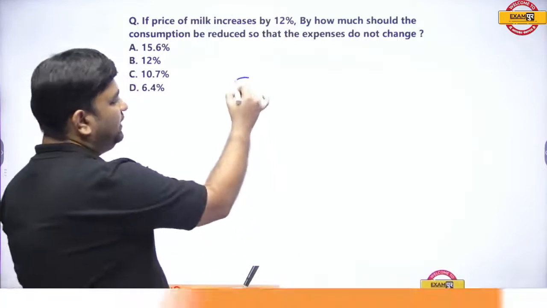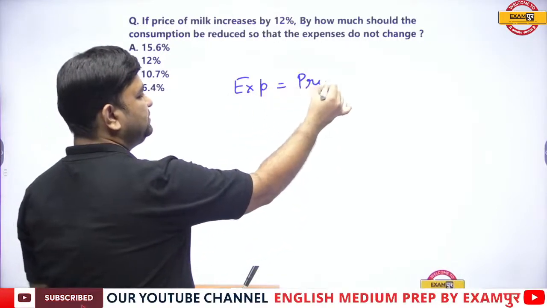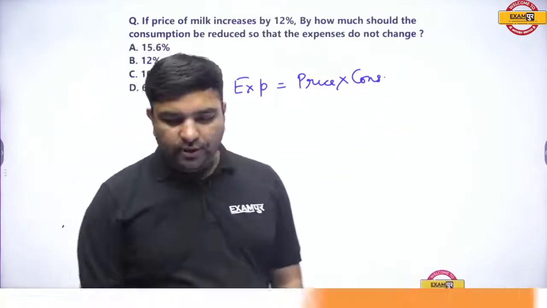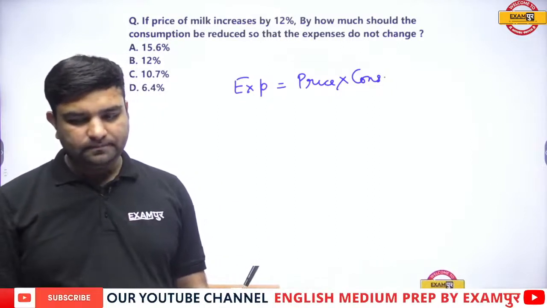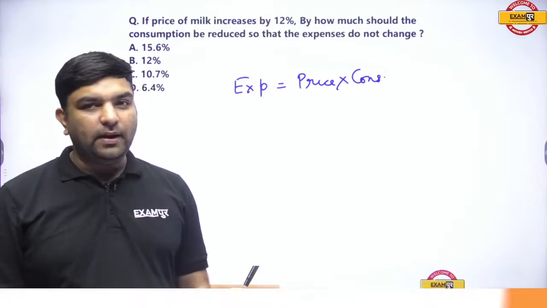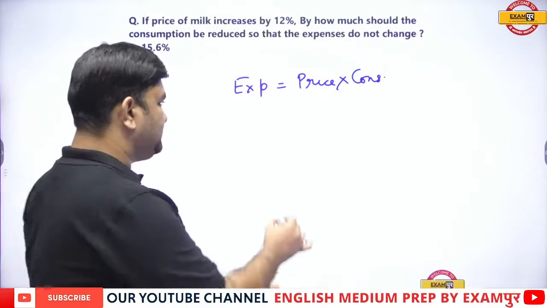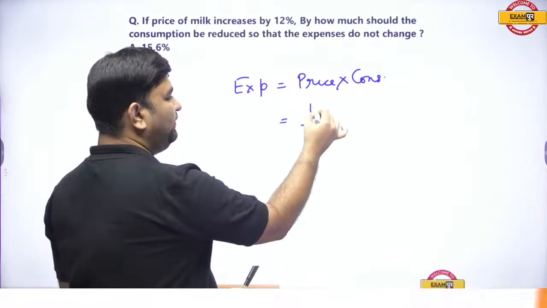You know, expenditure is equal to price into consumption. Price is increasing by 12%. Can I say from 100 it has become 112?